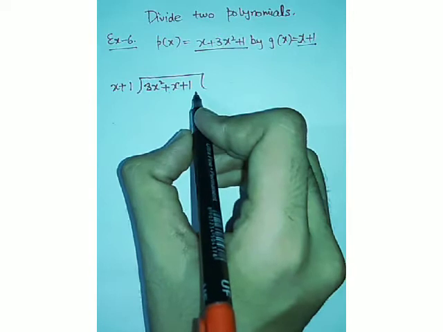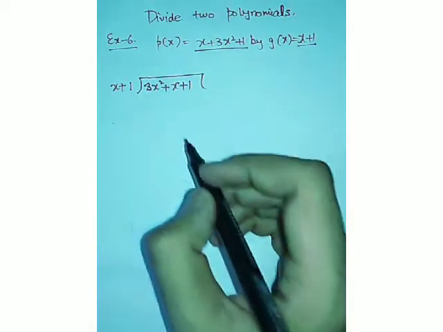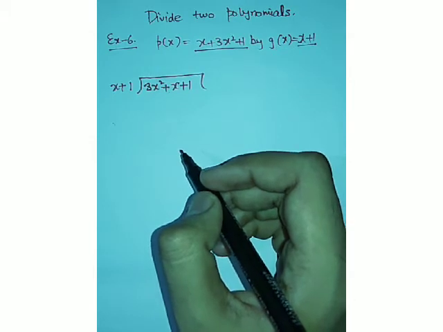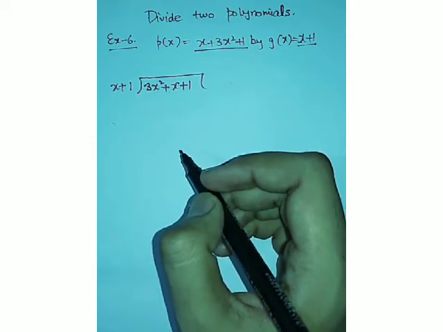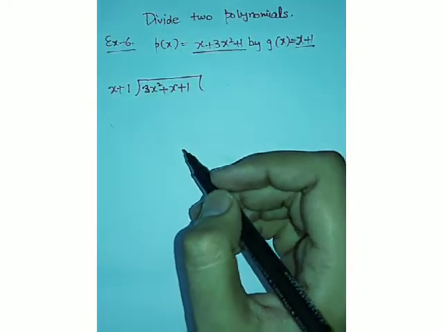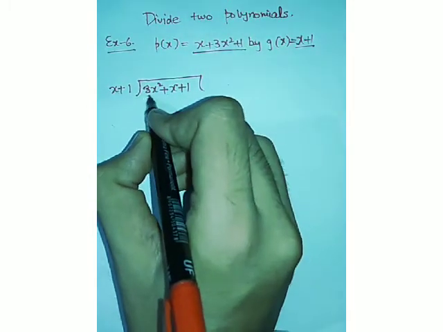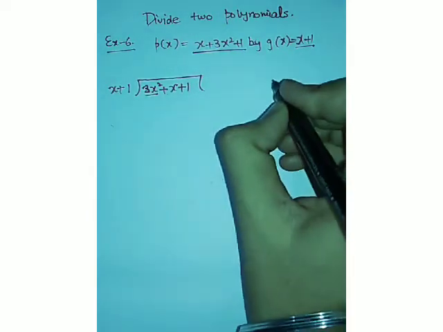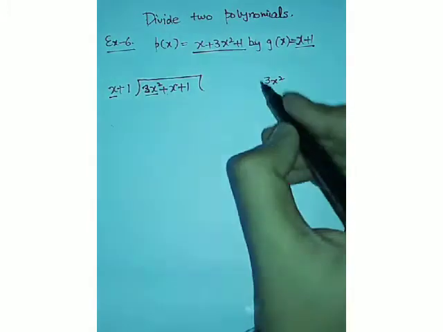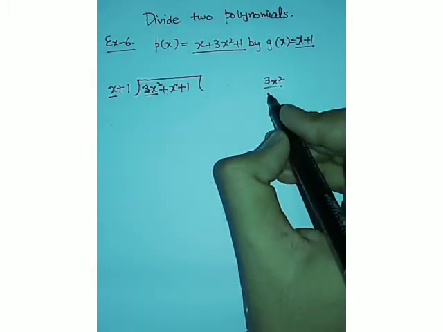This is our dividend, this is our divisor. Now we will divide and see what our quotient and remainder will be. Let's start with the very first step: take the first term of your dividend, that is 3x squared, and divide it by the first term of your divisor.